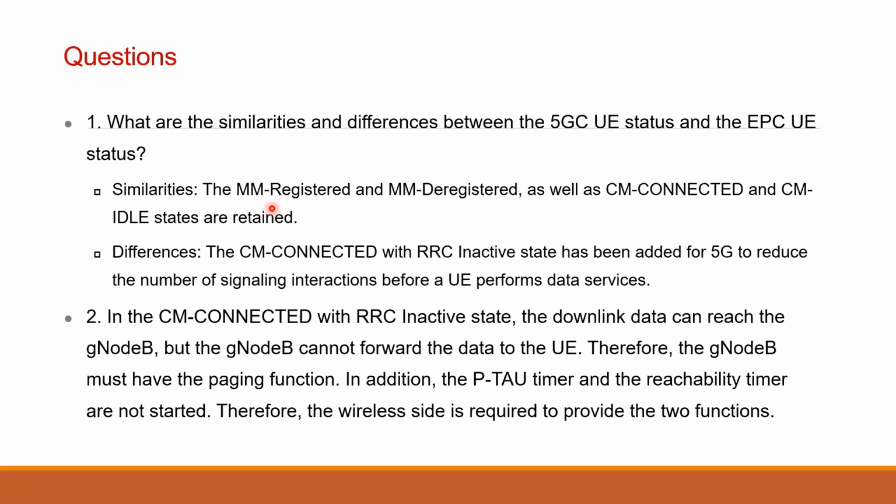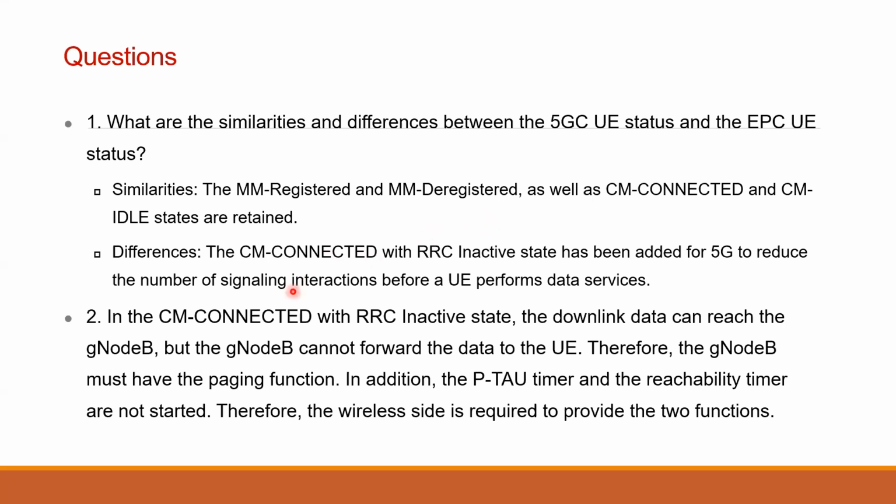In 5G, we have registered and deregistered states, as well as CM connected and CM idle states. The difference is that there is an additional state introduced in CM connected, which is called CM connected with RRC inactive state, which is basically introduced to reduce the number of signaling interactions.